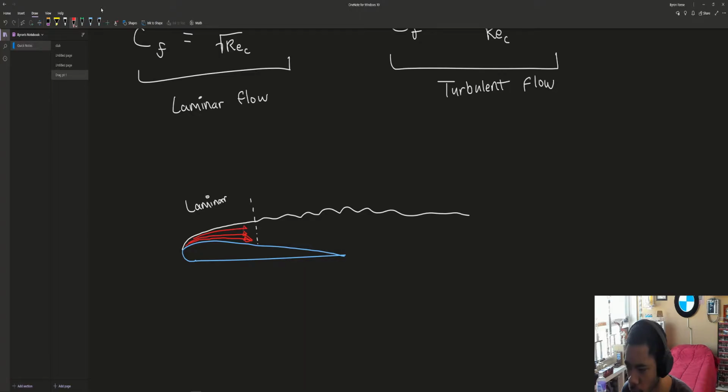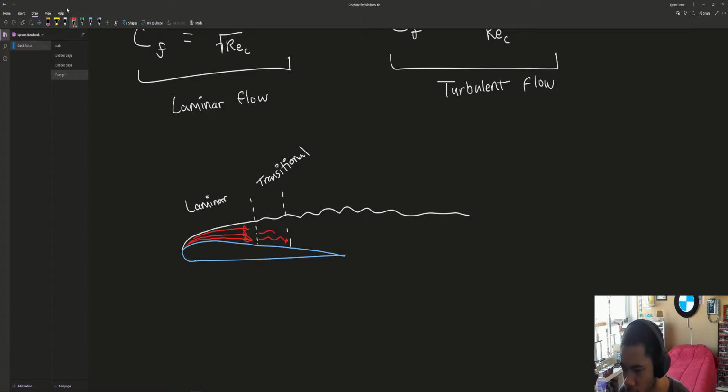It moves along the airflow. Then we have this small little region right here called the transitional area. And what we find in the transitional area is that our flow suddenly starts to do this.